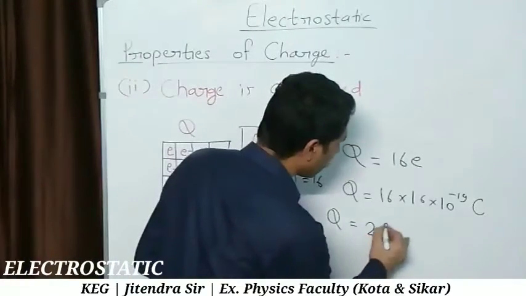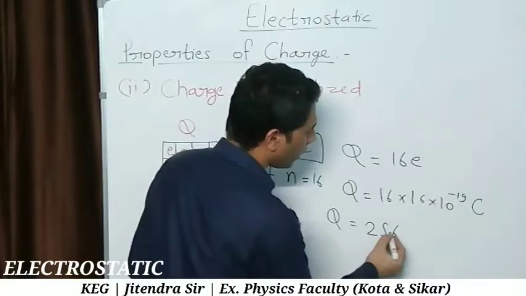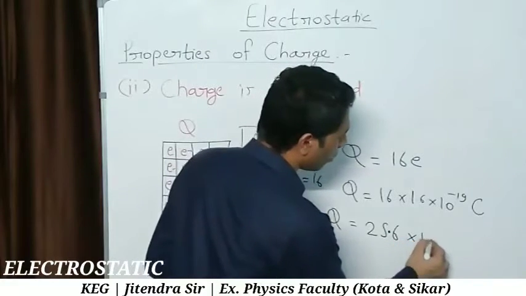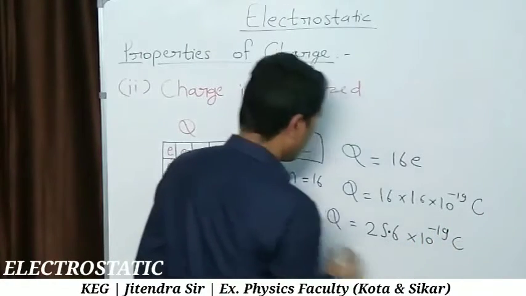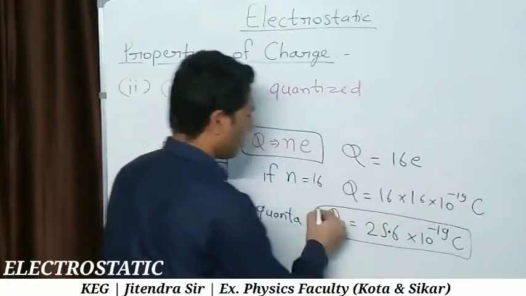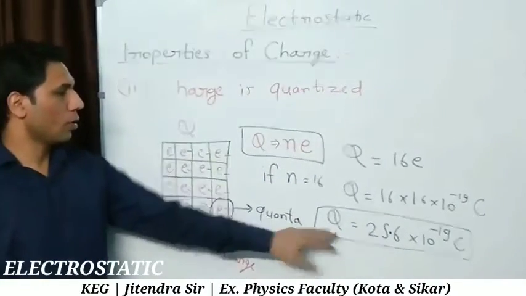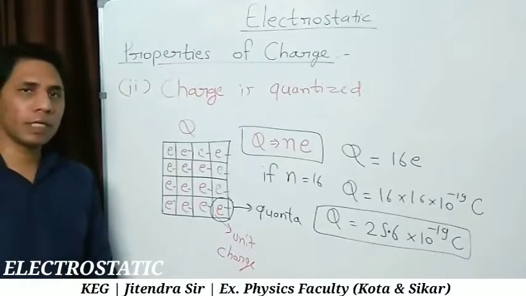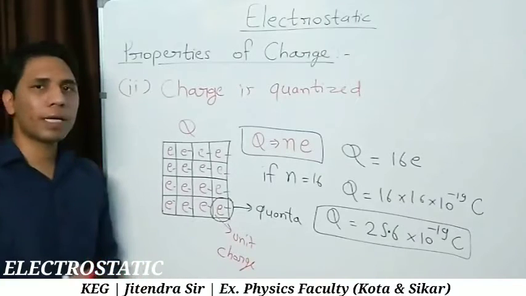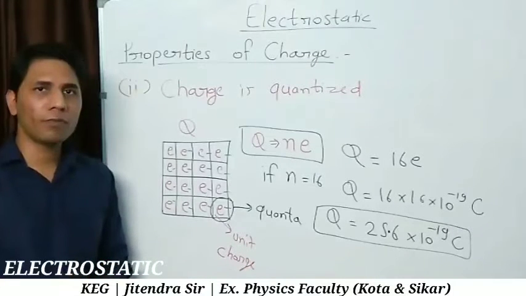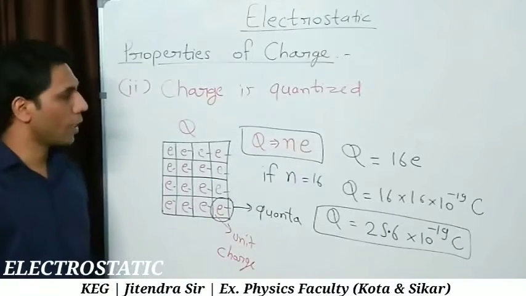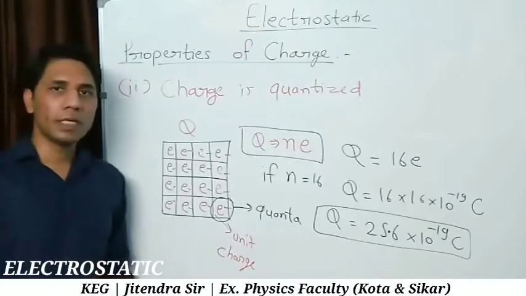So with the decimal point, we get 25.6 into 10 to the power minus 19 coulomb. This is the total value of charge on this paper. I hope you understand what the meaning of quantization is. Is it clear? Okay, now let's discuss our third property of charge.